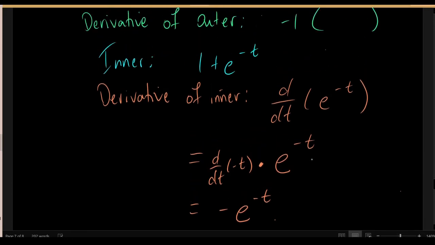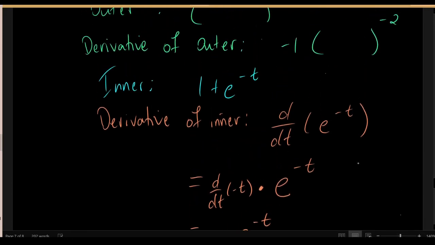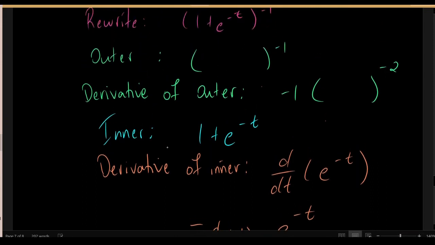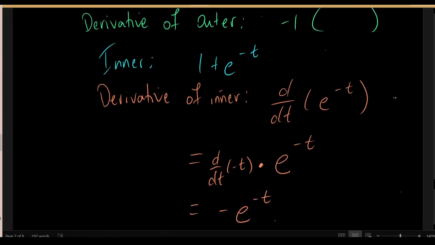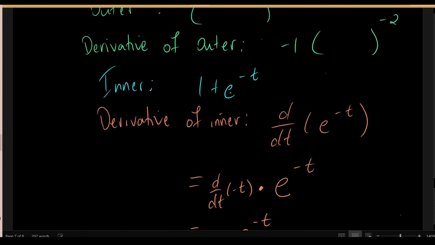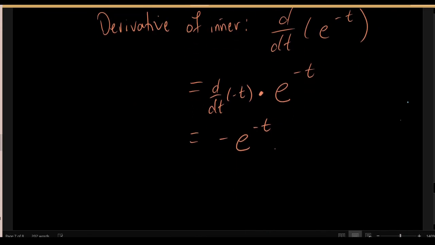So now I have all the components that I need to put together the derivative of the logistic function. We have the derivative of the outer function, which is negative 1 times blank to the negative 2.